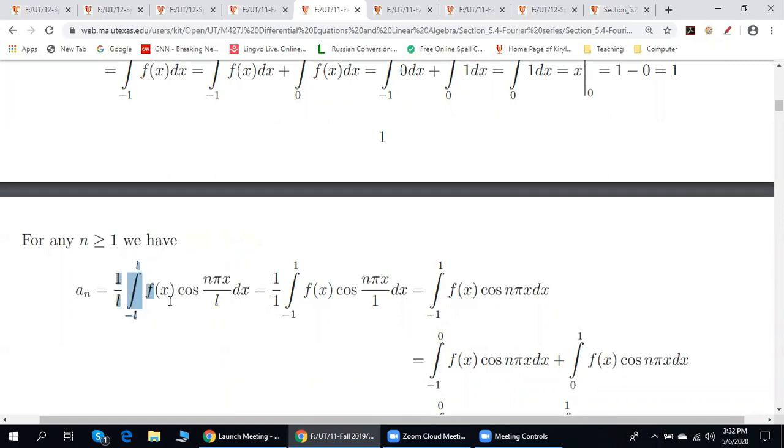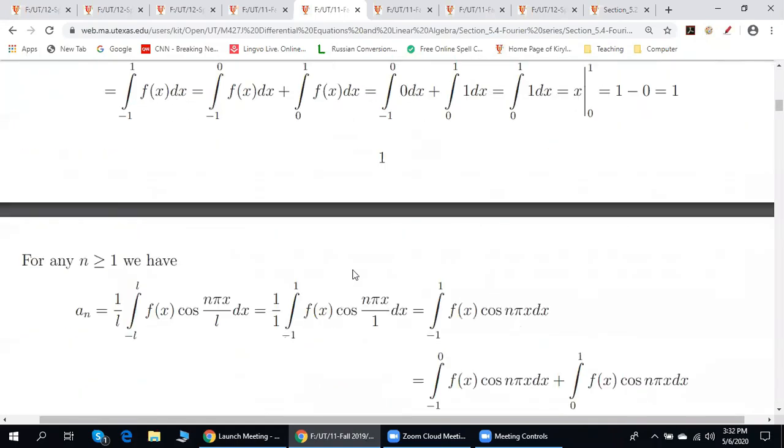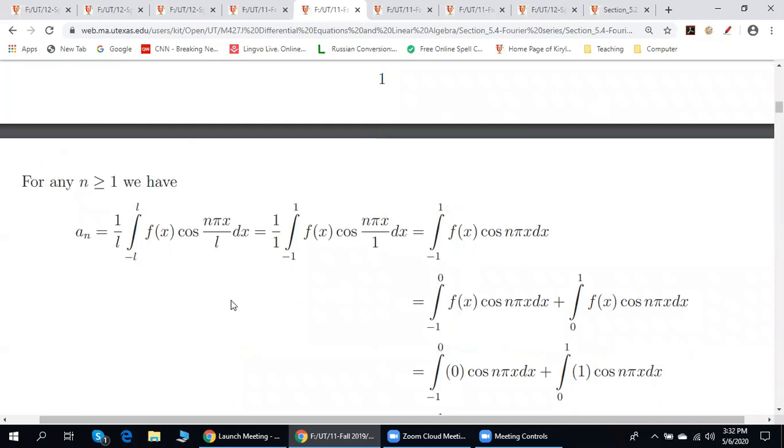Next, let us find a_n where n is greater or equal to 1. Again, for convenience, we copy this formula. And then, as before, we replace L here, here, here, and here by 1. 1 over 1 is 1, disappears. And pi x over 1 is n pi x.